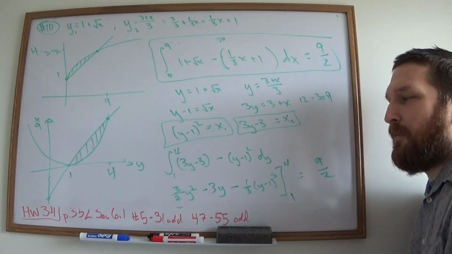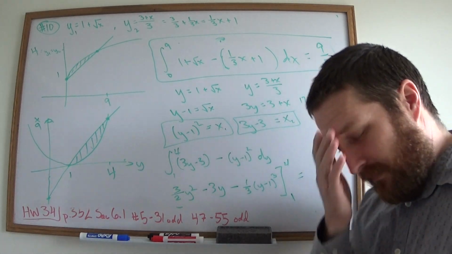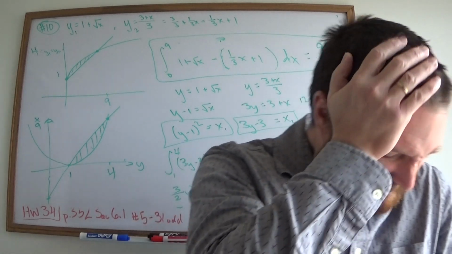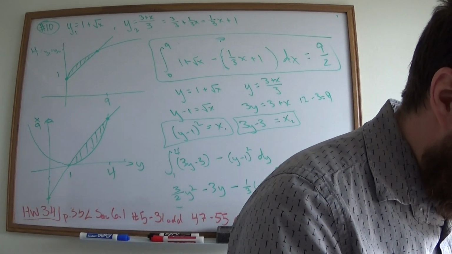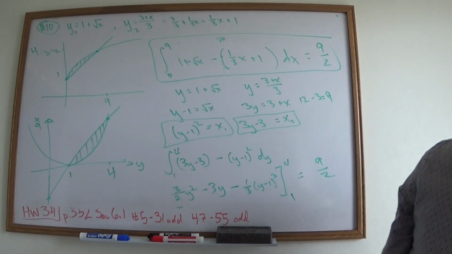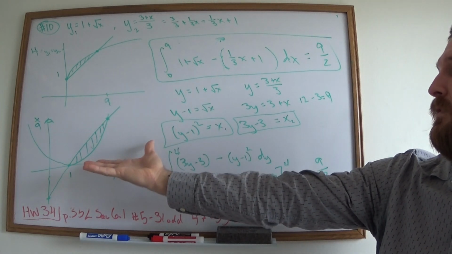Okay, so either way you do it. So there are times when that method would be easier. I think the first method was way easier to do for this one.